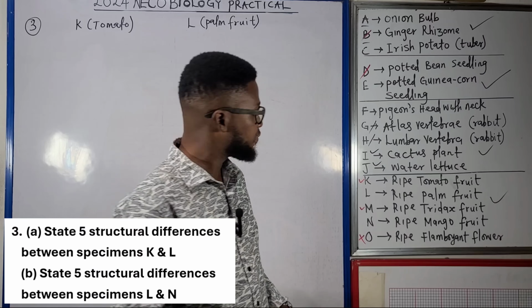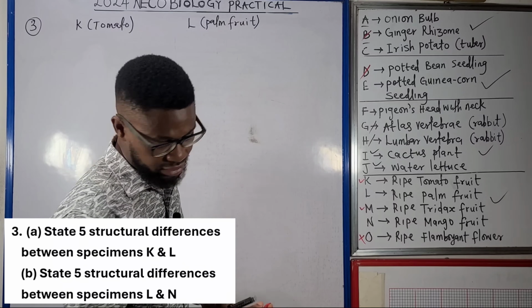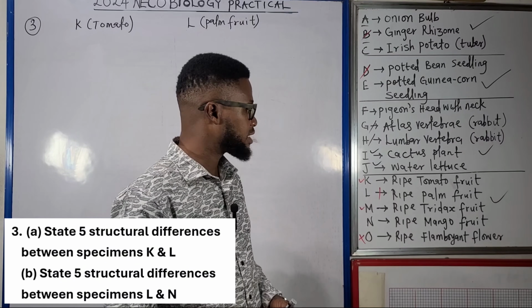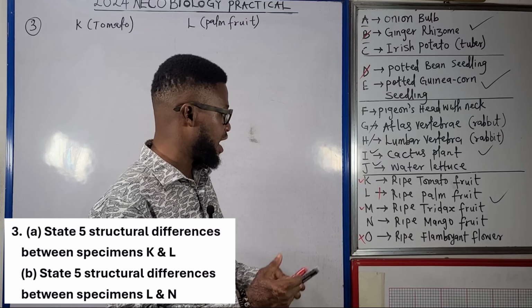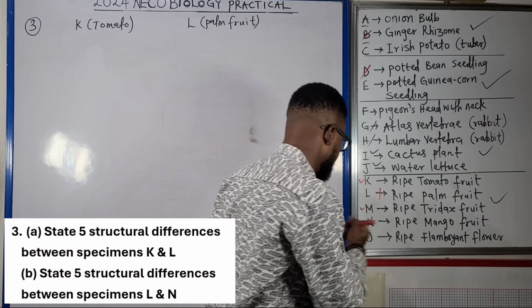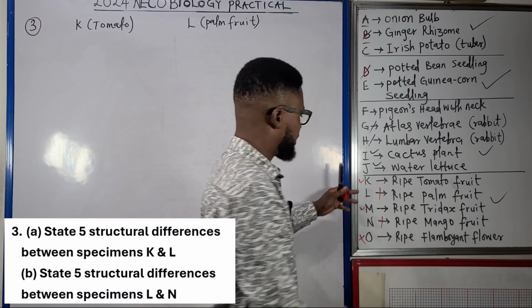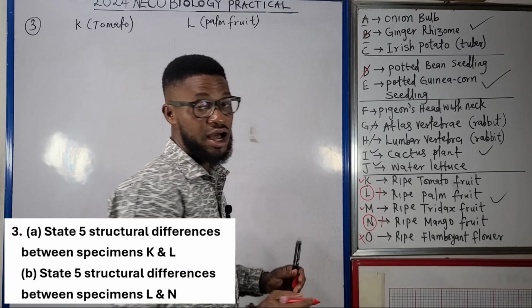What if it had been for us to differentiate between specimen L and N? This is just thinking in a broad way. What if it had been specimen L and specimen N?